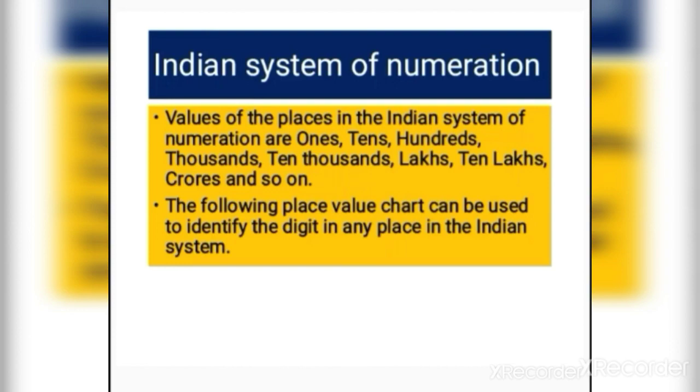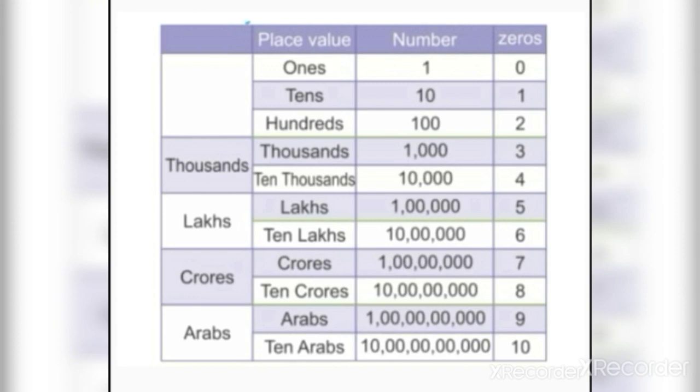Values of the places in the Indian numeration system are ones, tens, hundreds, thousands, 10,000s, lakhs, 10 lakhs, crores, and so on. Here we have a place value chart, which can be used to identify the digits in any place in the Indian numeration system.